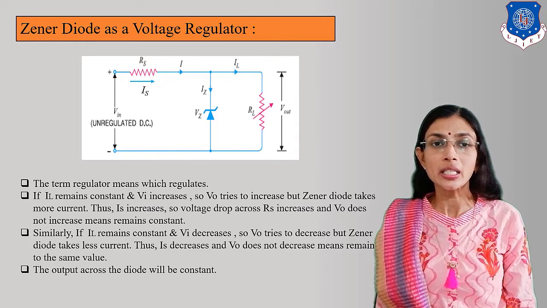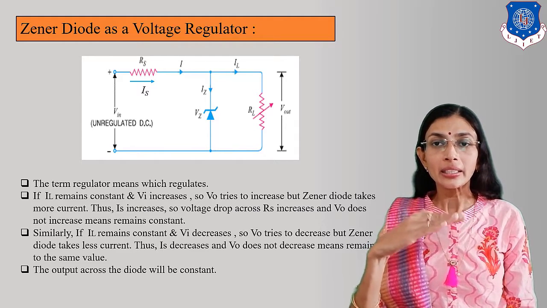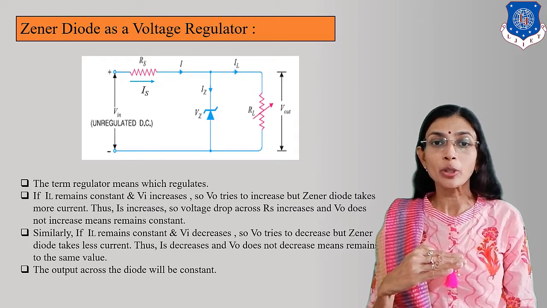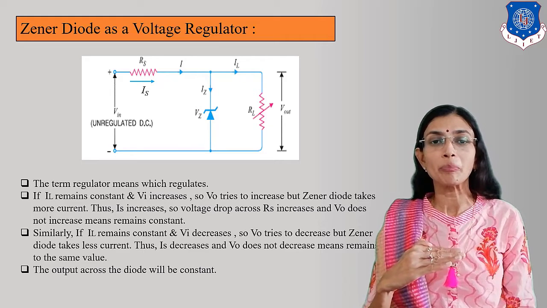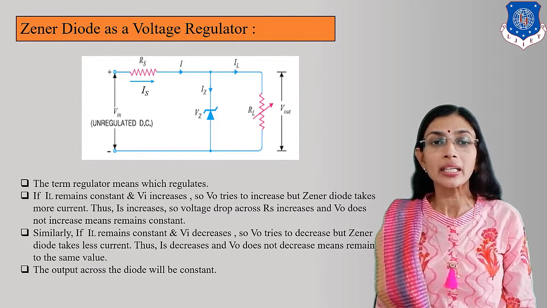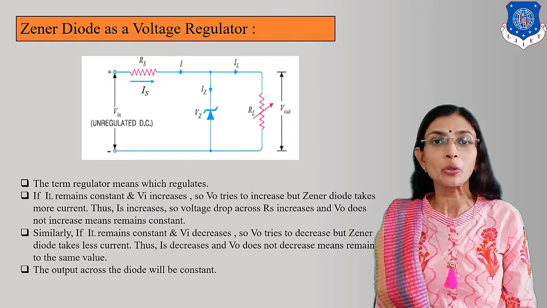Similarly, for case number 2, if IL remains constant and we assume that VI decreases, that means input voltage decreases, therefore output voltage tries to decrease, but Zener compensates the current, means Zener diode takes less current, thus source current decreases and VO does not decrease, that means it remains constant.